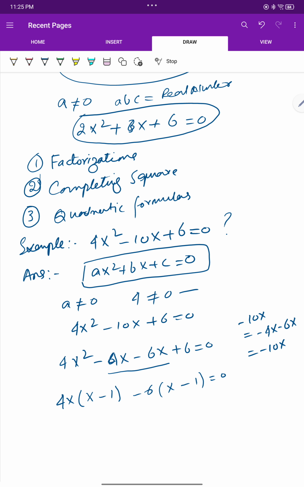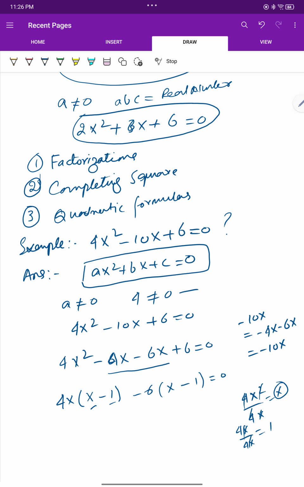For your information, if you take 4x square and divide by 4x, only the x will remain. So you got x, and 4x divided by 4x is equal to 1.